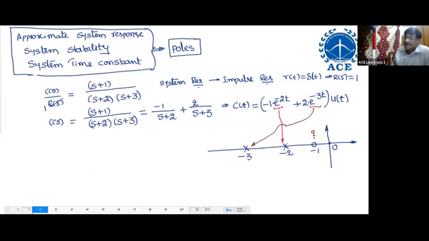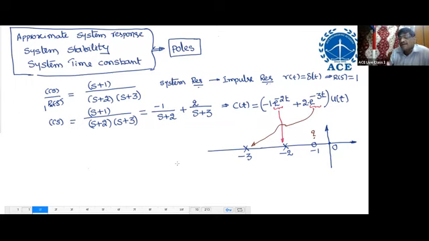There should be a term like e power minus 1 into t. Where is the term for the zero? Tell me. There are no zero terms in the system response. System response always consists only of poles. Minus 2 is a pole. Exponential powers are nothing but the real part of the pole.